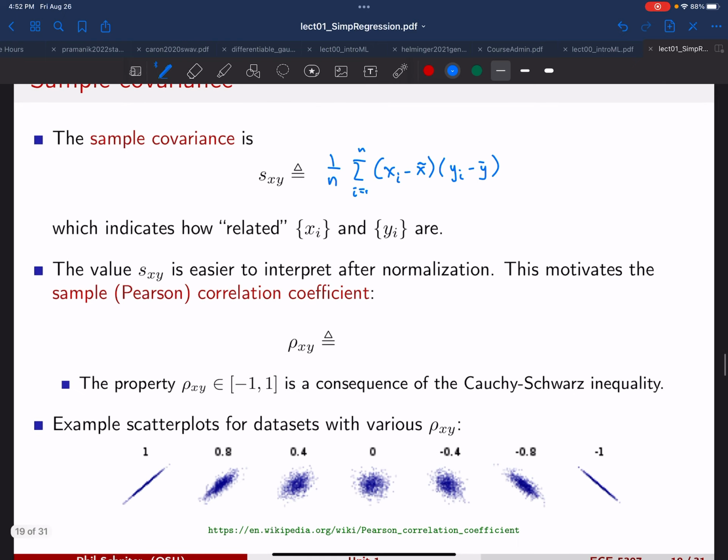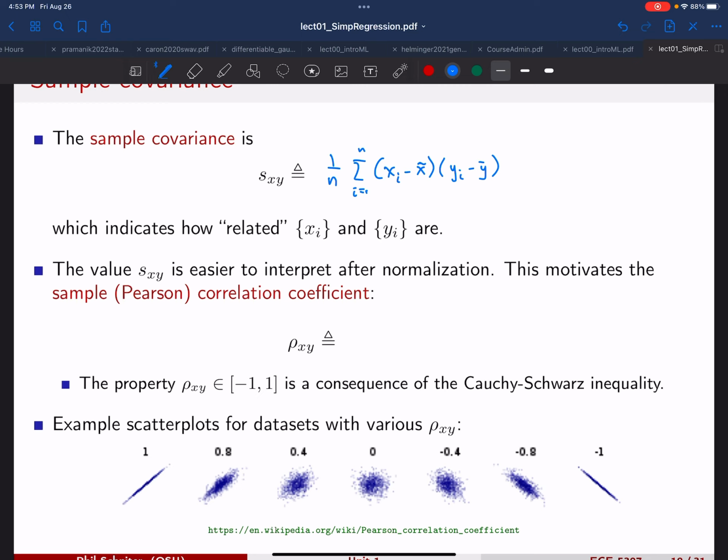We can be a little bit more precise. One of the other issues with the sample covariance that's not so convenient is that if you have the same data set x and y, and all you do is double the values of both, what's going to happen to the covariance? I've doubled x, I've doubled y. It's 4 times, right?